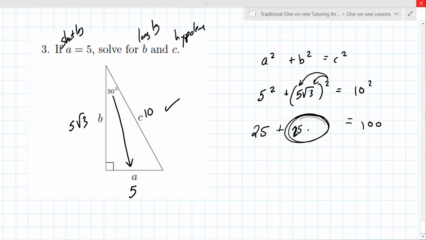When you square the square root of 3, it becomes 3, and that's how you get the 75 there. Okay. So it does work. Generally, you don't want to check on these standardized tests because it takes too long. The better trajectory is to go through it like we've been doing, just solve.